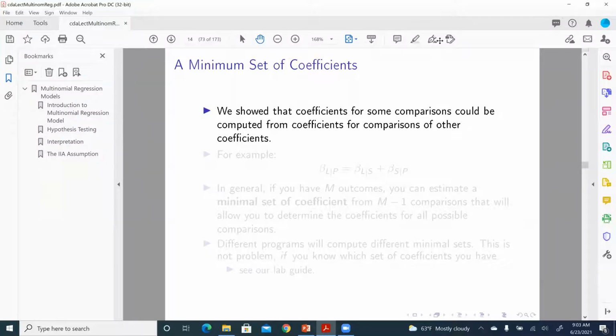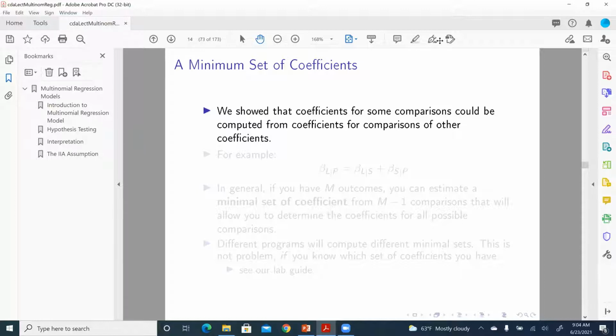Well, after I talk about the two methods of deriving multinomial logit model, I want you to pull back to the concept of a minimum set of coefficients. I showed you that coefficients for some comparisons could be computed from coefficients for comparisons of other coefficients.